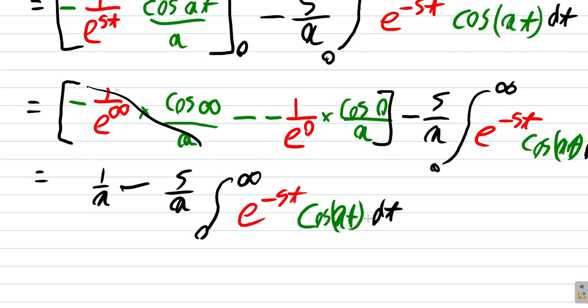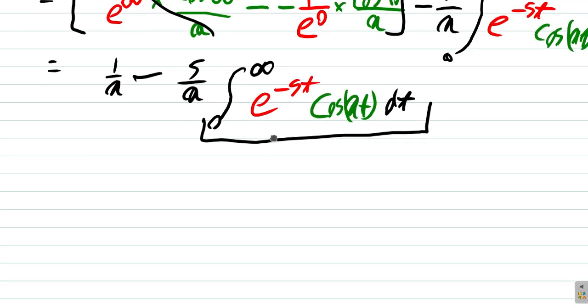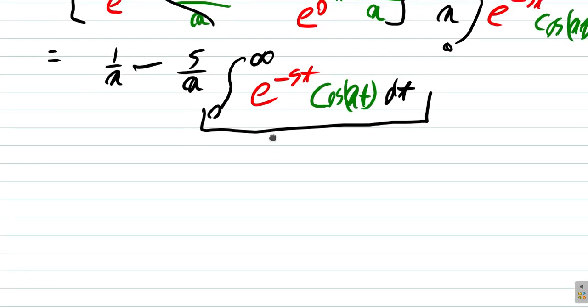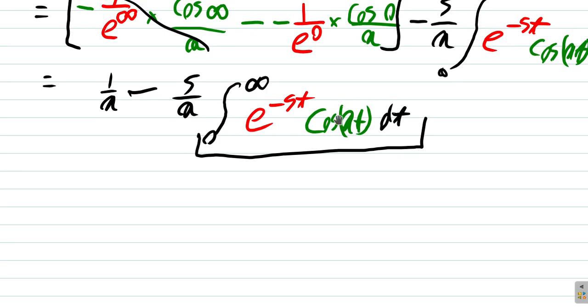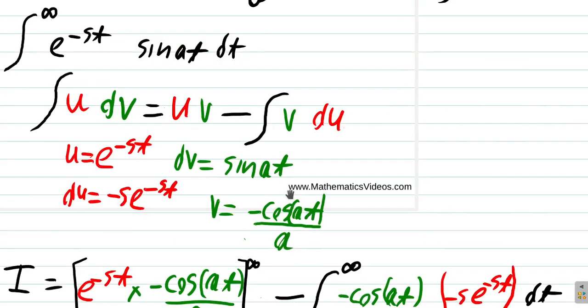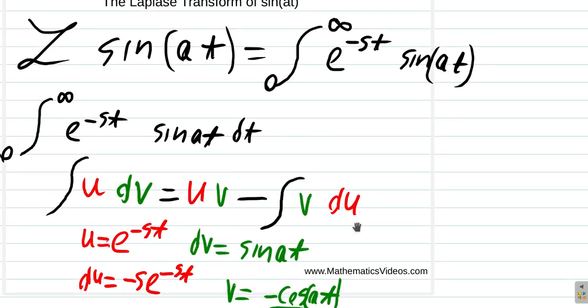But the thing is, this is the Laplace transform of cosine. But let's see what we can do with this. Let's take this part and integrate it by parts and see what we come up with. Hopefully we'll get something with sine in it, and it could substitute back up here.